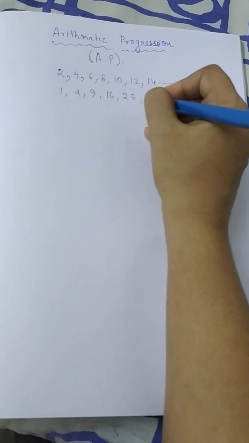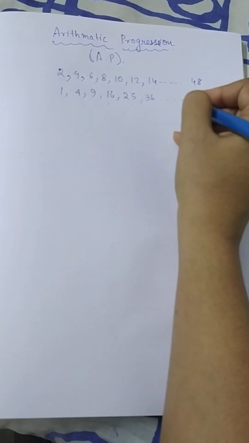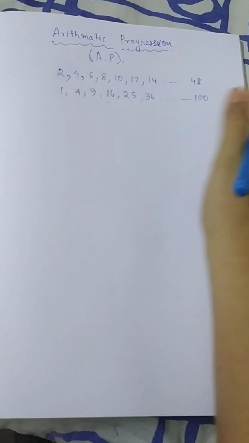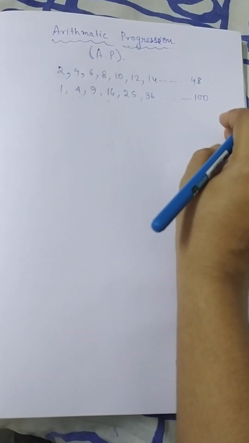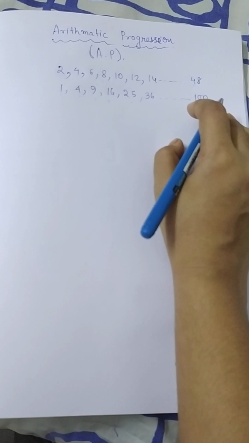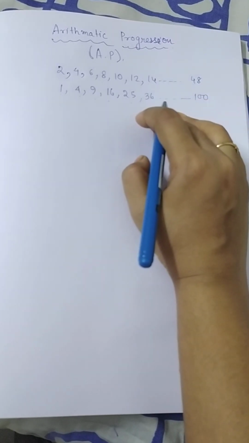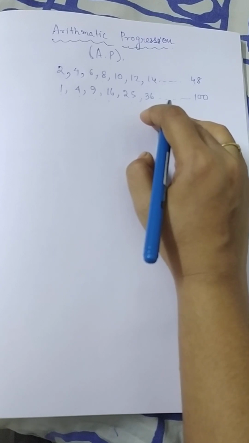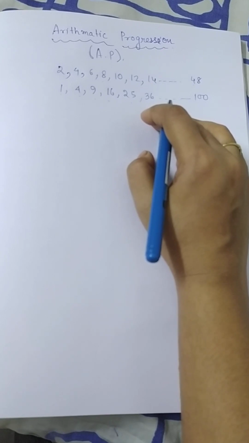Like that, if I write 36 and so on, up to 100, 100 is the square of 10, 36 the square of 6, right? Even in negative numbers also, -2, -4, -6, -8, -10, -12, right?